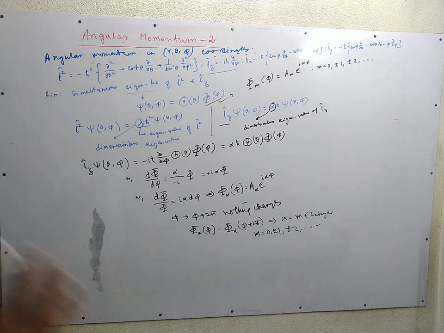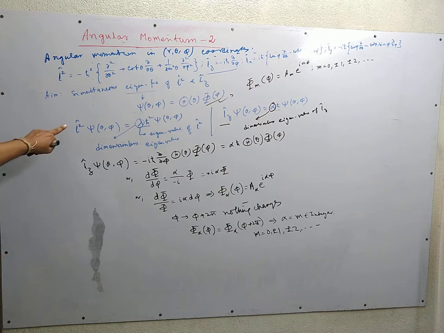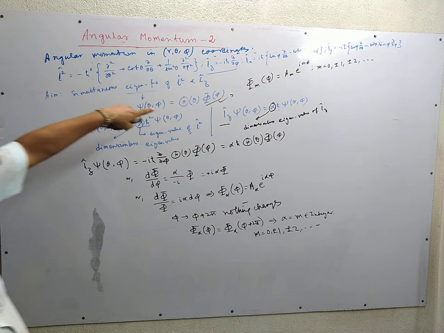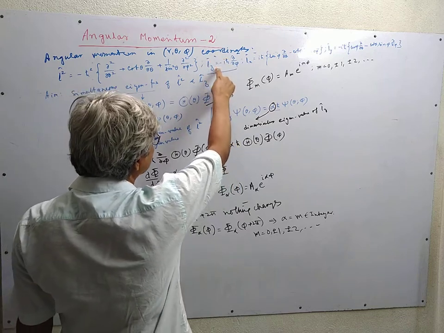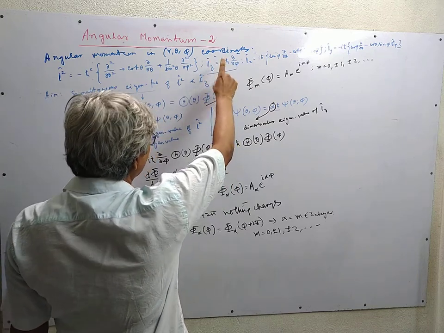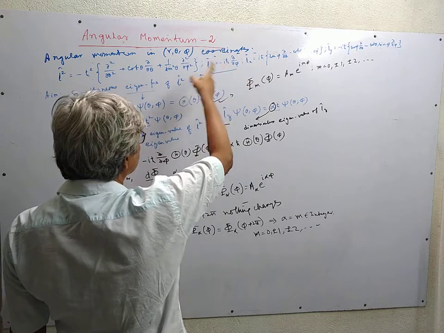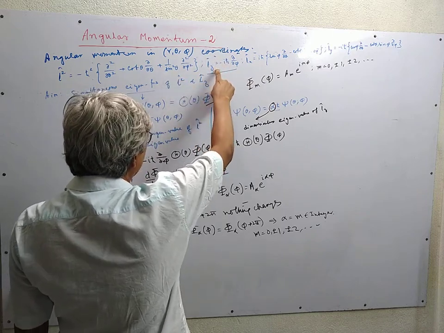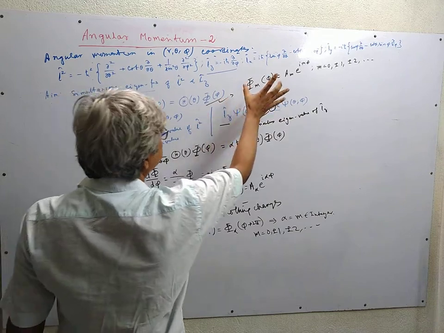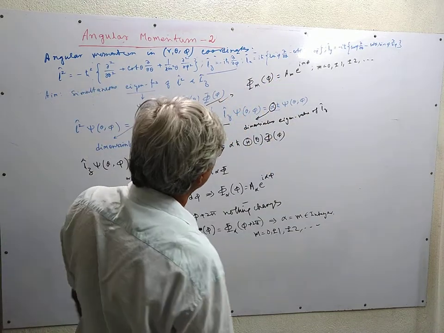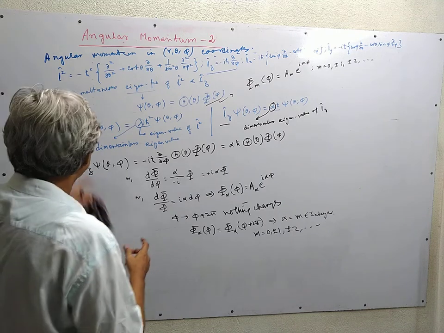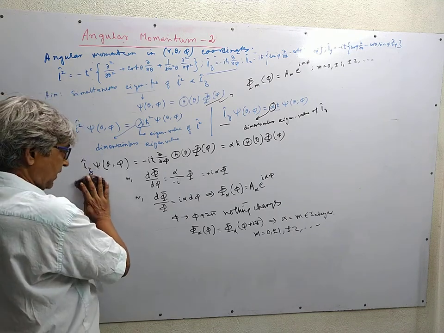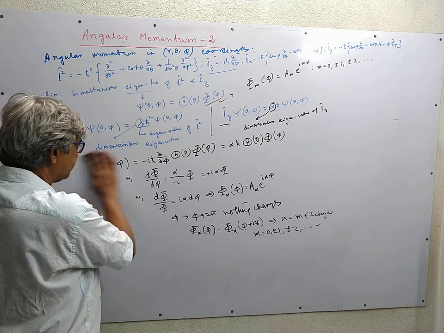Now with this known value, we can come to the eigenvalue equation of L square. As we have chosen L square and Lz as the pair, the phi equation is decoupled from the theta equation itself. Now I come to this eigenvalue equation of the L square operator.